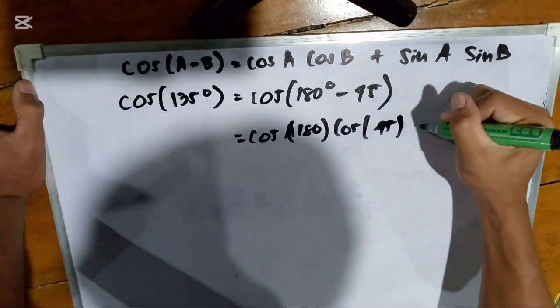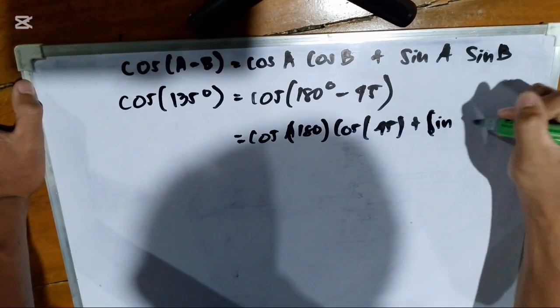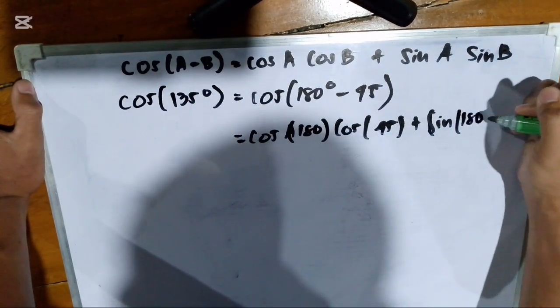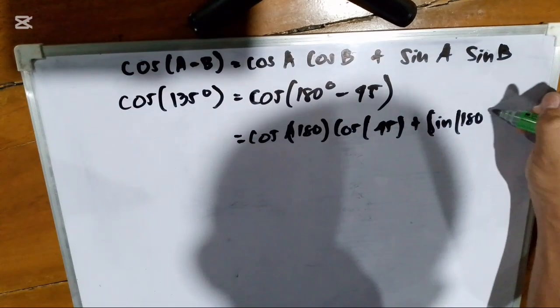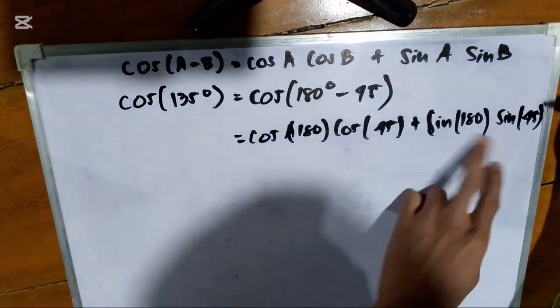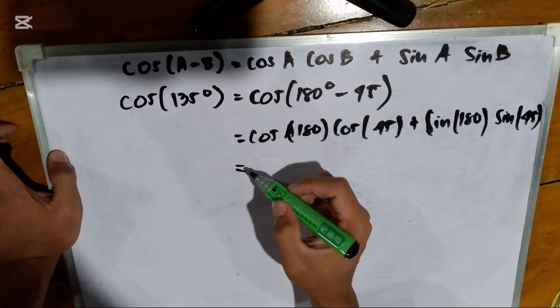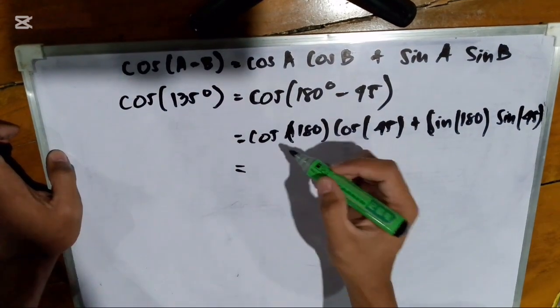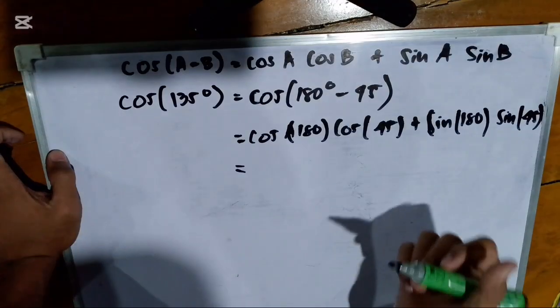Don't forget the plus sign. Sine A, or 180, and sine B, which is 45 degrees. Now let us locate their values.